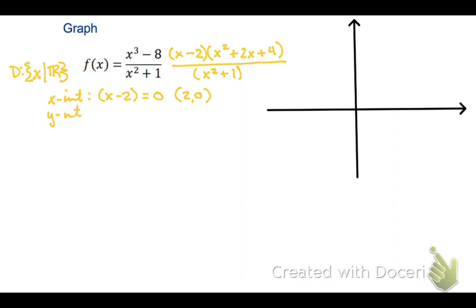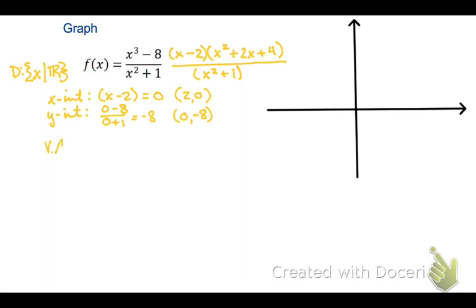Y-intercept: 0 minus 8 over 0 plus 1, which would be negative 8. So (0, -8). I didn't mess up my negative that time.